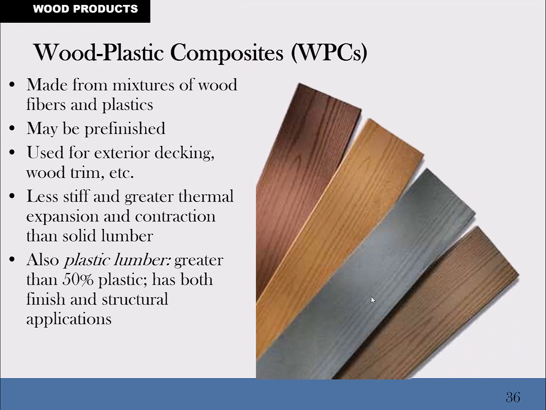Then there are wood combinations with plastics that are used sometimes for siding, sometimes for decking boards. Probably the most common place you're going to find that used around here is decking. It doesn't work very well for siding in the intense sun we have here, but it does work pretty good for a decking material.